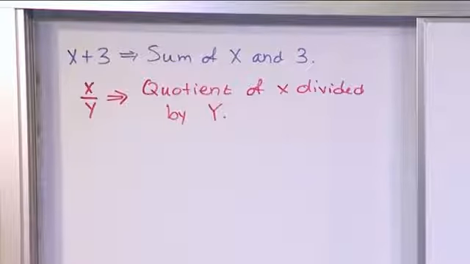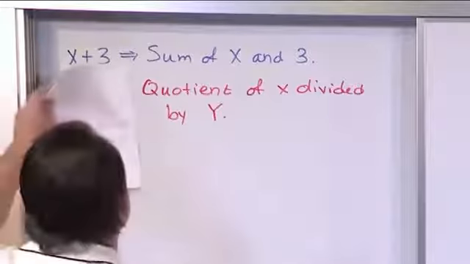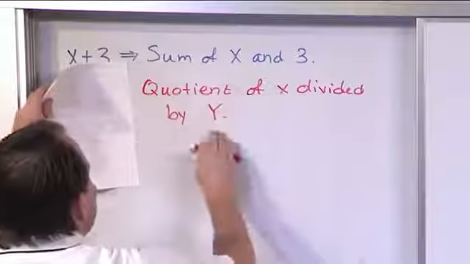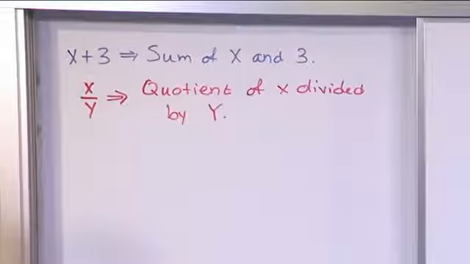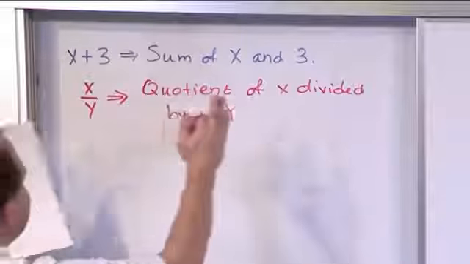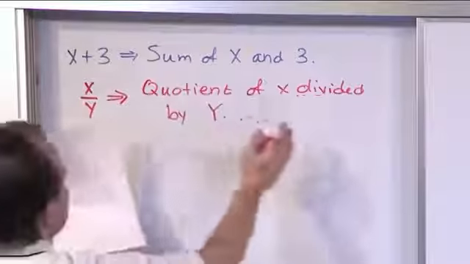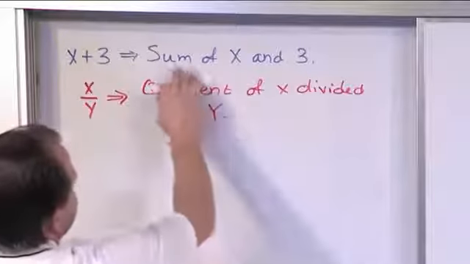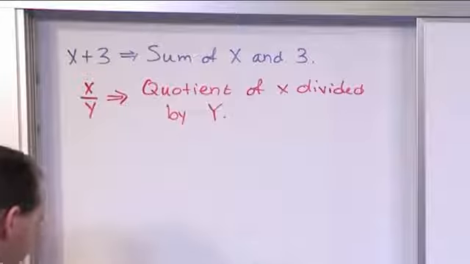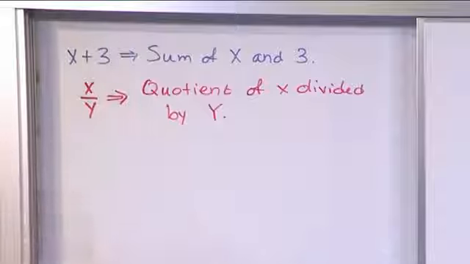So on a piece of paper, if you see something that says the quotient of x divided by y, that means x is divided by y, and that's how you write it in terms of math. So you see what we're doing here? I'm just giving you conversion from math to words, because a lot of times in an algebra book you'll see the word quotient of something and the sum of something, and it can get confusing if you don't know what they're talking about.